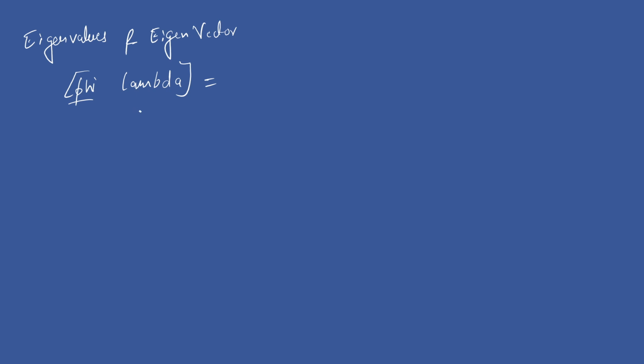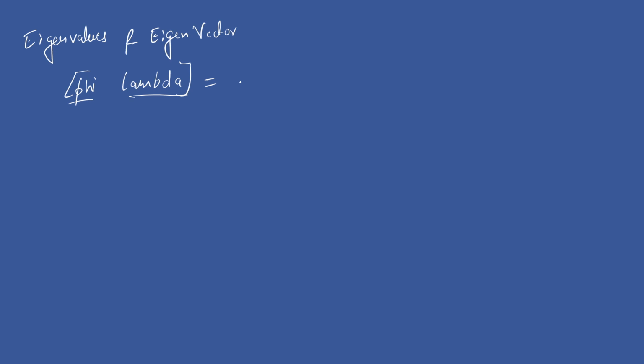by taking the inbuilt function. So the inbuilt command for eigenvalues and eigenvectors, so let's say these are your eigenvectors, these are your eigenvalues, so the corresponding phi is your eigenvector, this is your eigenvalue.